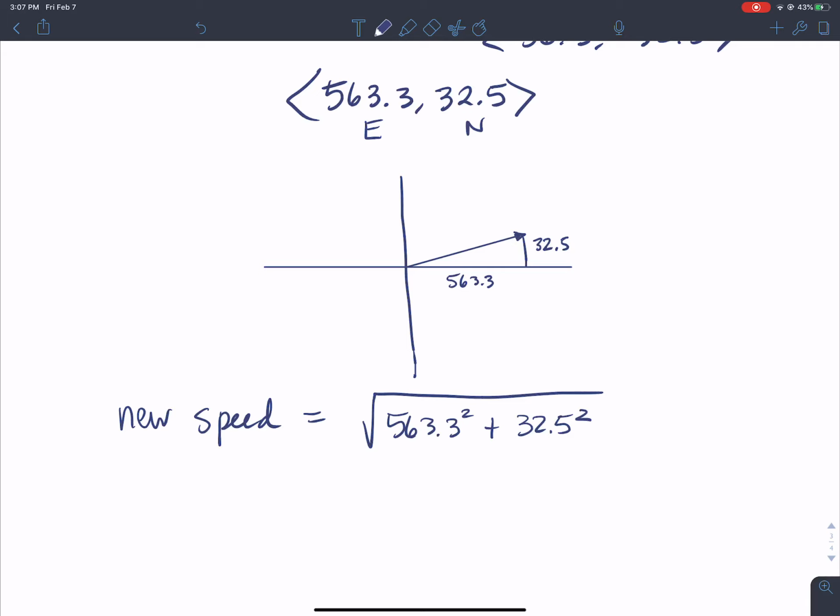Let's see, 32.5 squared, and then the square root of that. This is a gigantic number before you square root it, I can tell you that. All right, so I'm getting 564.2 miles per hour.